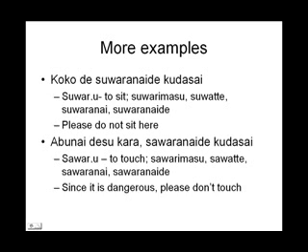Suwarimasu is the masu form. Suwatte will be the te form. Being a group 1 verb, the nai form is suwaranai. We just substituted the last character u in the plain form with anai. Suwaranaide is the te form of suwaranai. Koko de means in this place or here. Please do not sit here is the meaning.